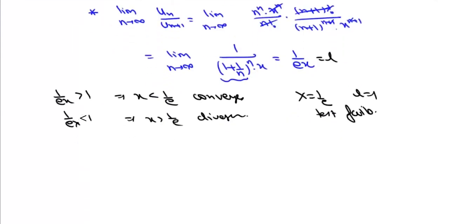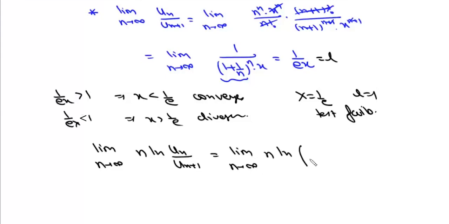So we can write this as this limit, n tends to infinity, n log(un upon un+1). So it will be this limit: n tends to infinity, n log, now un upon un+1 has this value.